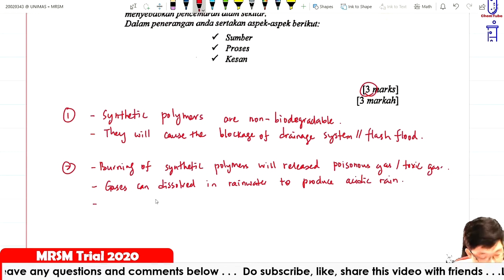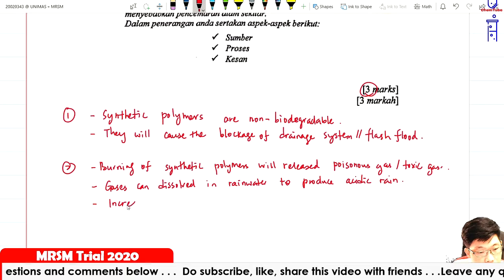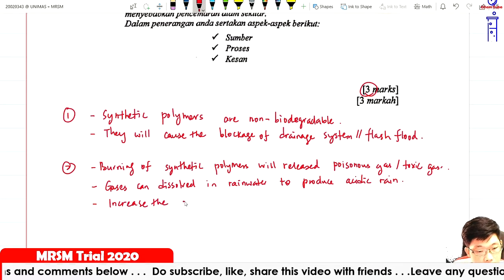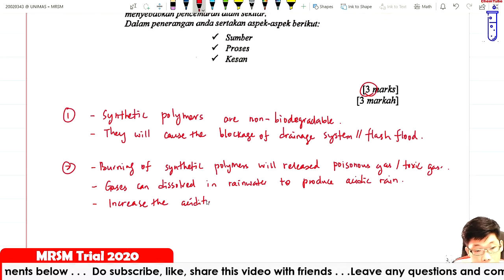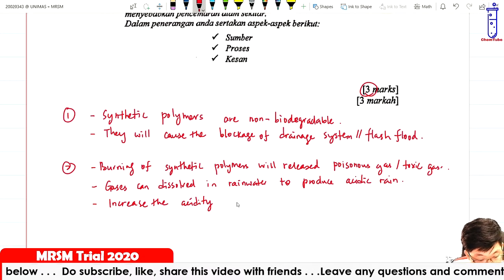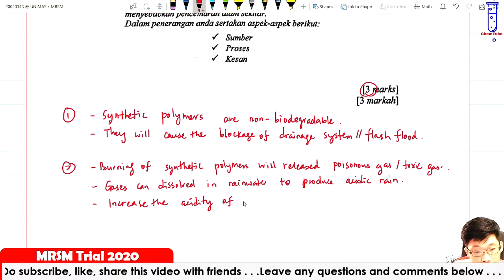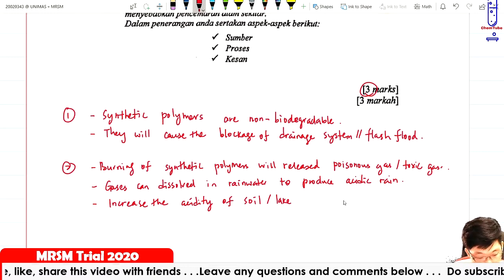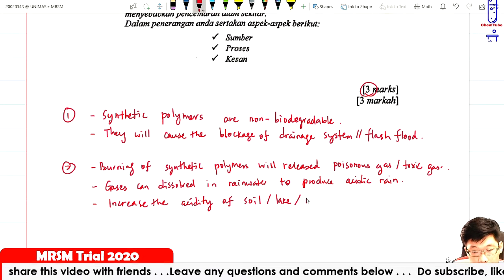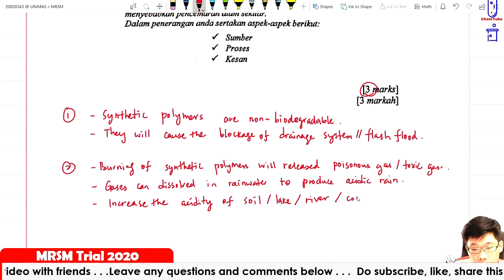So it will increase the acidity of the soil or lake, or river, and then it also corrodes the building, right?